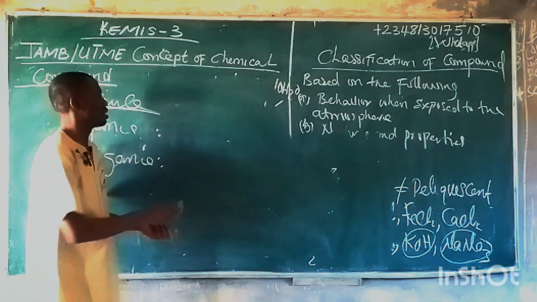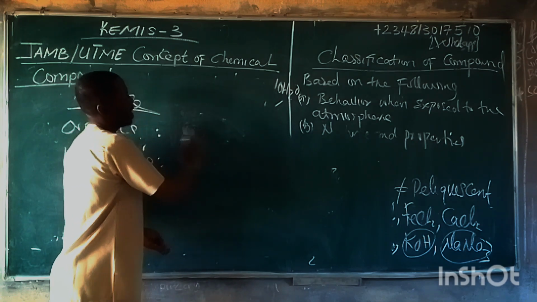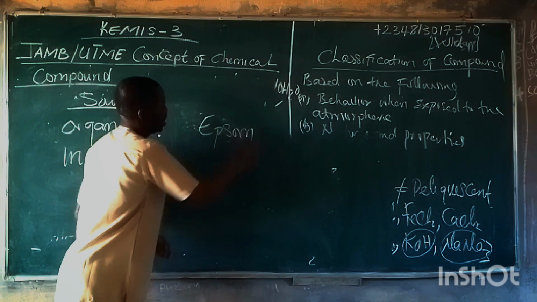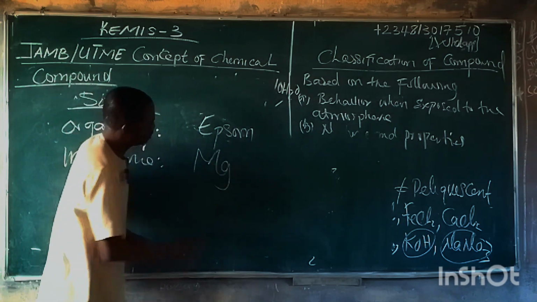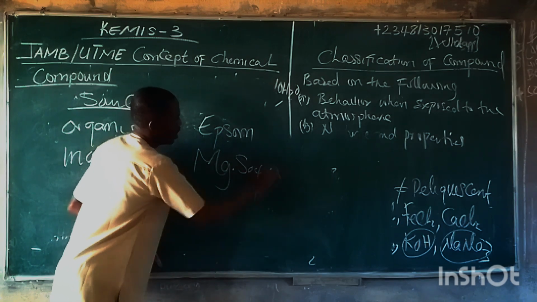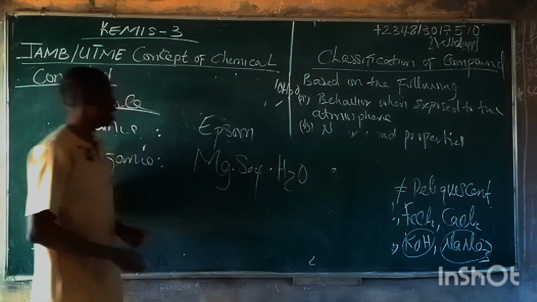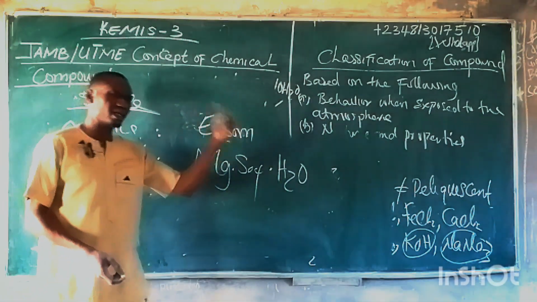And we even have the one they call Epsom salt. Let me give you the formula. The formula is this: magnesium SO4 and H2O. Something like this. So these are the things that we'll be looking at in that video.